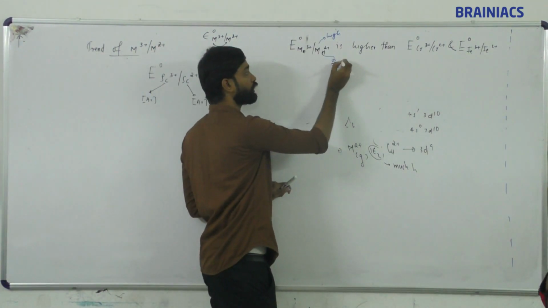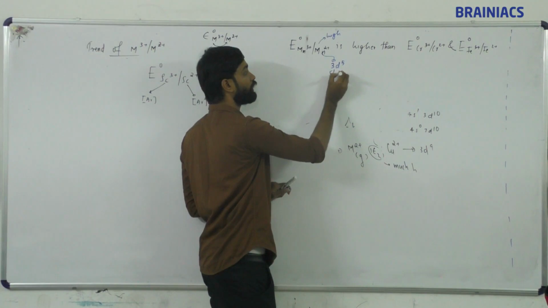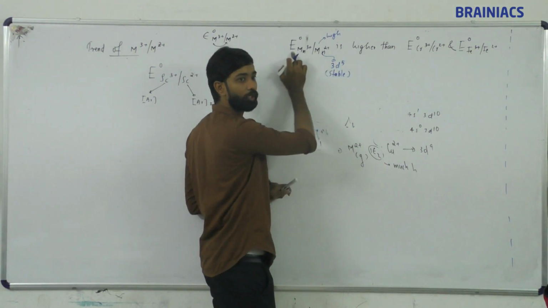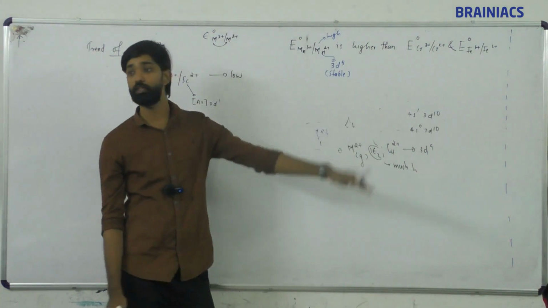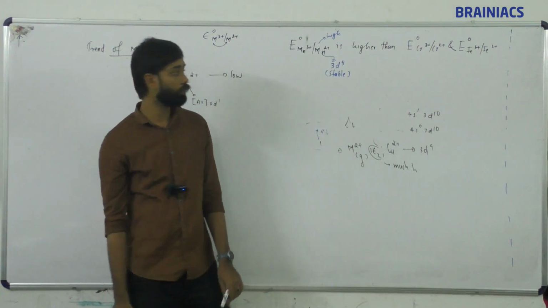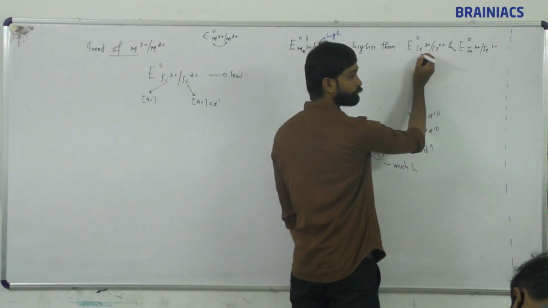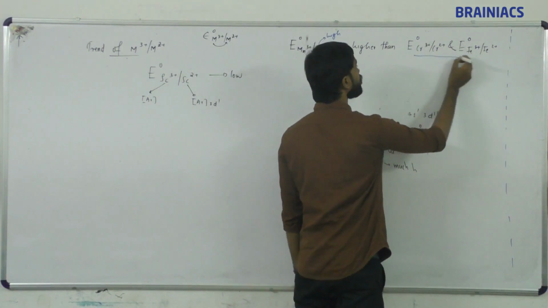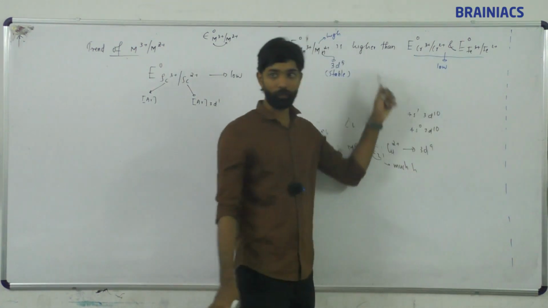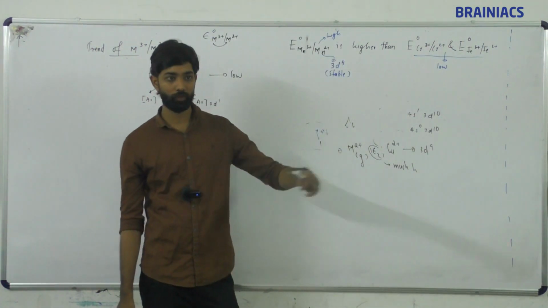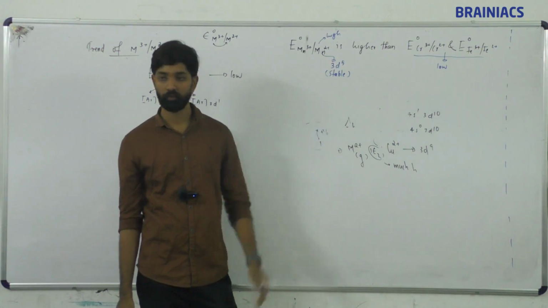That's correct, this is 3d5. This will have an extra stability compared to Mn3 plus. Mn3 plus has a ready tendency to become Mn2 plus. Whereas in the case of these, the two values are relatively low compared to this one.